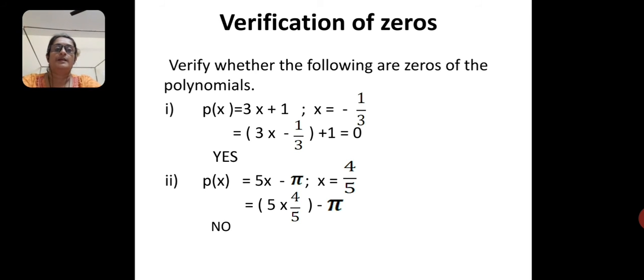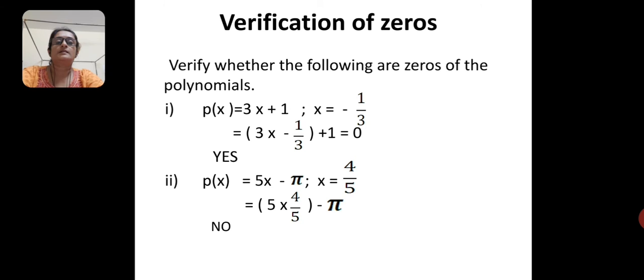Next, verification of zero. Here you have to verify whether the given value of x is a zero of that given polynomial. Now the x value given here is minus 1 upon 3. So you have to check whether, if you put this value in the polynomial, it is a zero or not.